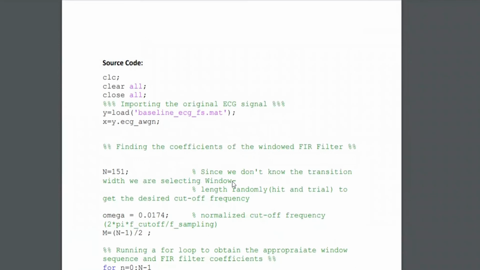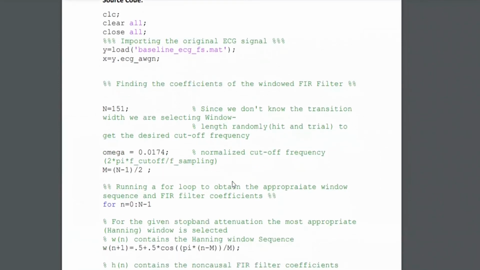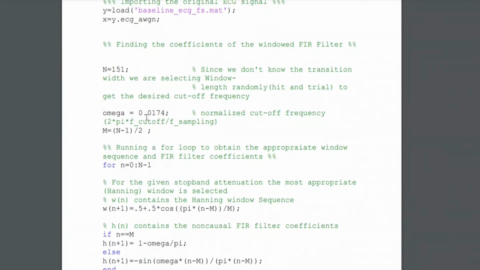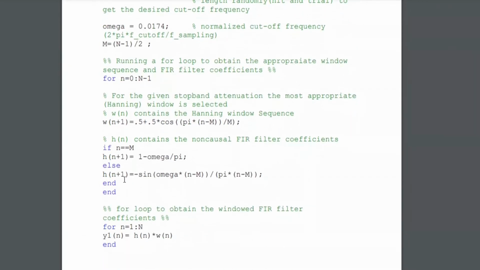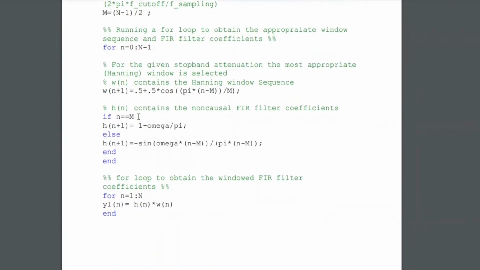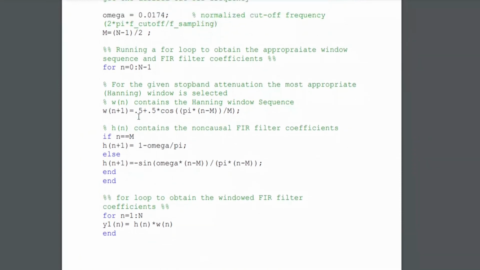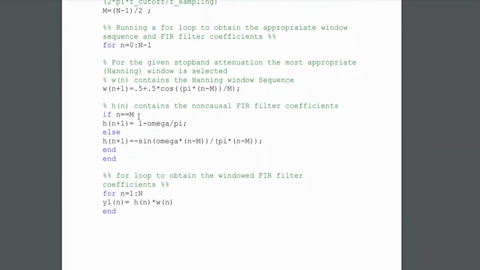This is the source code that we have used in MATLAB. We have defined N equals 151, omega equals 0.0174, that is 2 pi into cutoff frequency by sampling frequency. Here we have implemented the for loop to find the coefficients, that is H_w(n) and h(n).